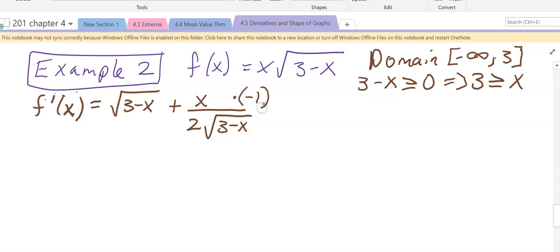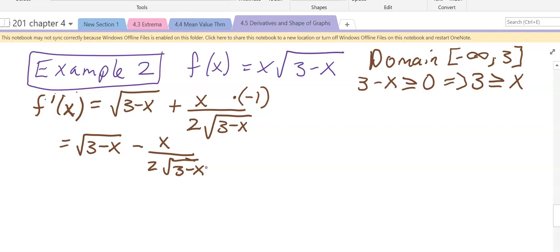The derivative of 3 minus x is negative 1, the coefficient of negative x. If I write this out, this would give me the square root of 3 minus x, minus x over 2 times the square root of 3 minus x. Now clearly, if I allow the denominator of the second one to be 0, that derivative would be undefined. That would be for the value of 3.